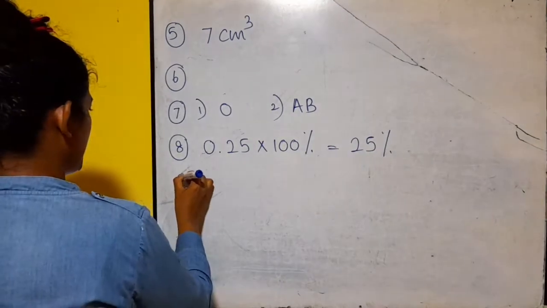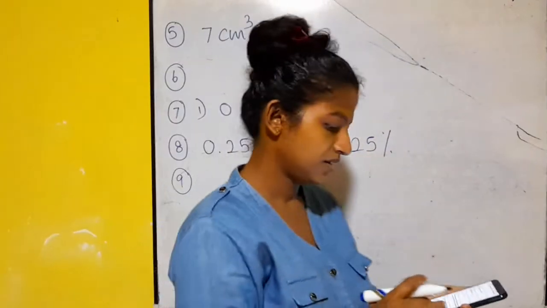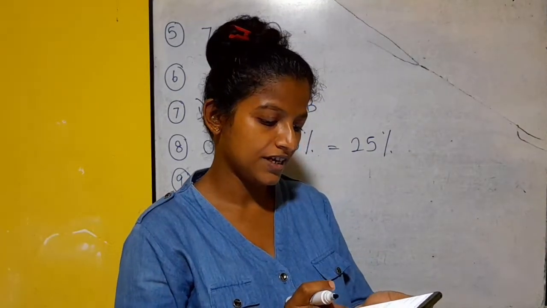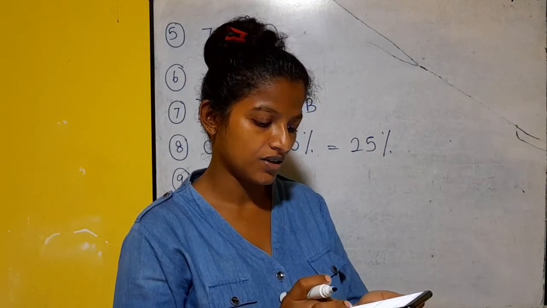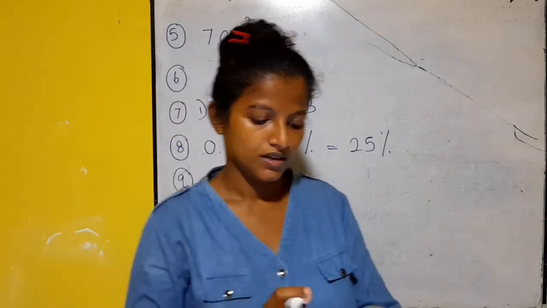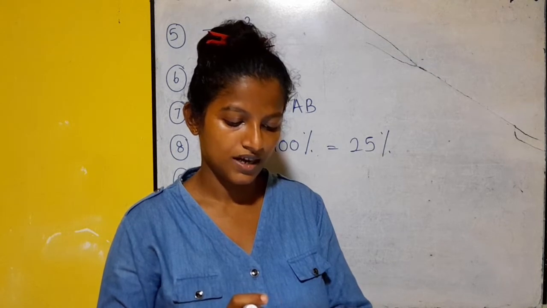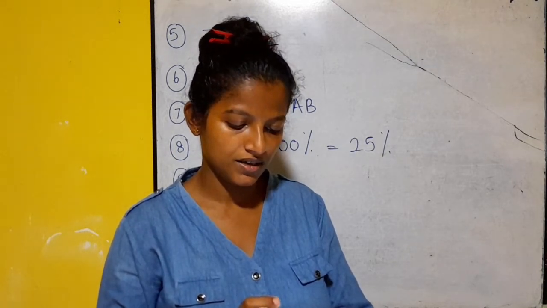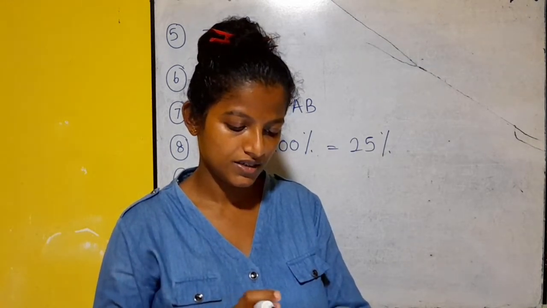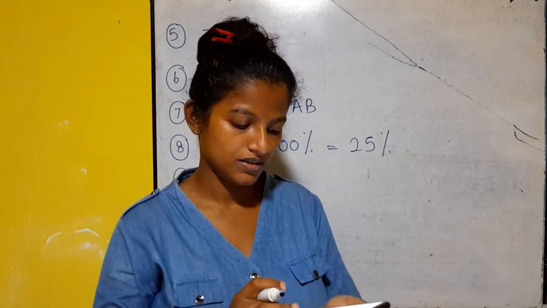Then question number 9. If the symbol represents 8 books in the picture graph drawn to represent the number of books distributed to the students in grade 7, find the number of books represented by 3 and 3/4 symbols.